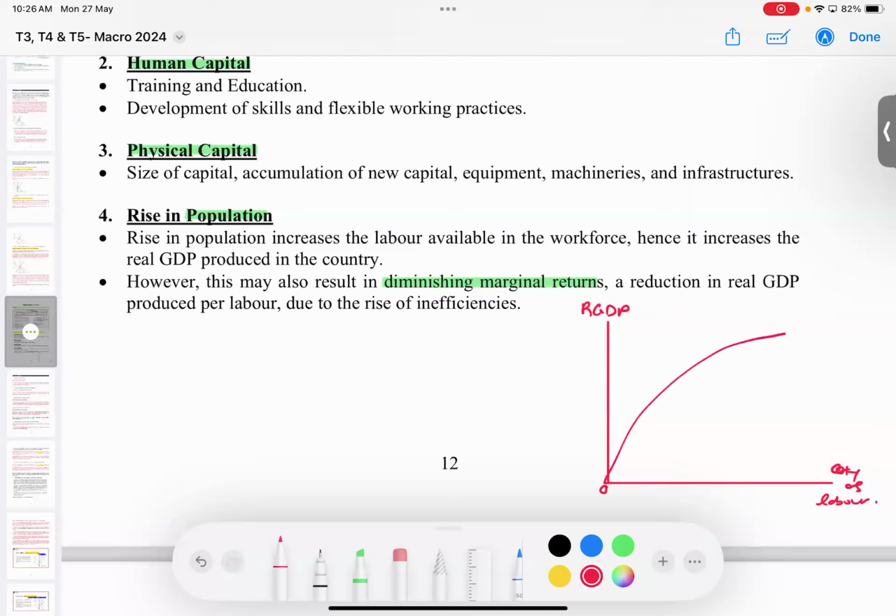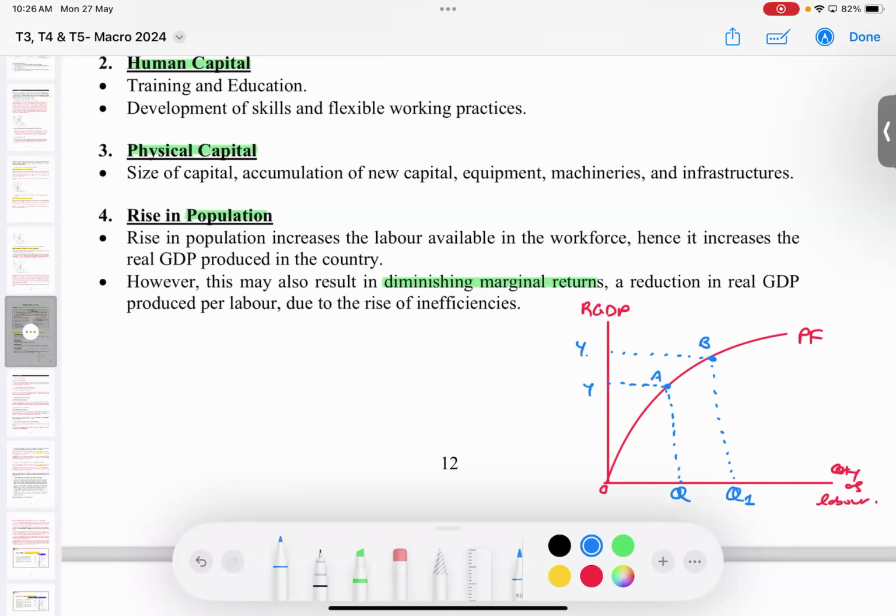Remember, we say that the graph will be like this, the production function. Why is that so? Because when you hire more and more workers, there could be some inefficiency that arise. So therefore, like for example here, when you move the points from point A to point B over here, yes, the output has increased when you have more workers, okay?